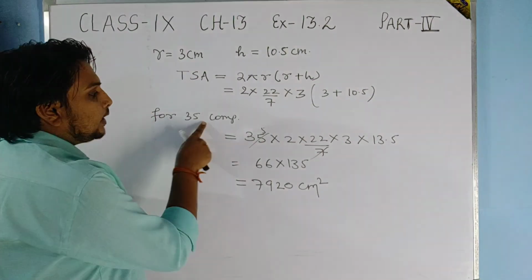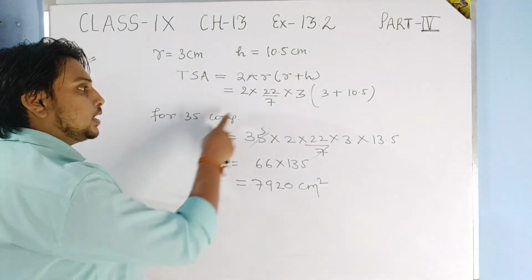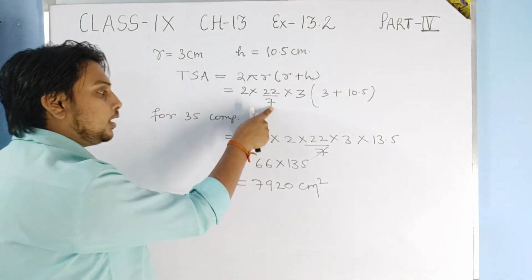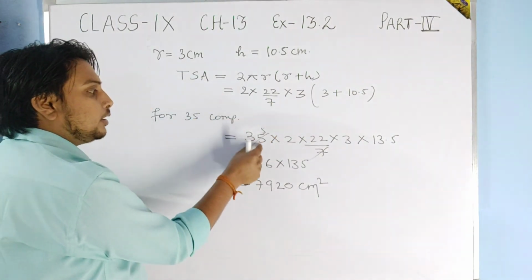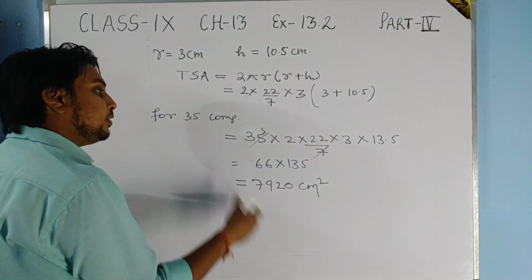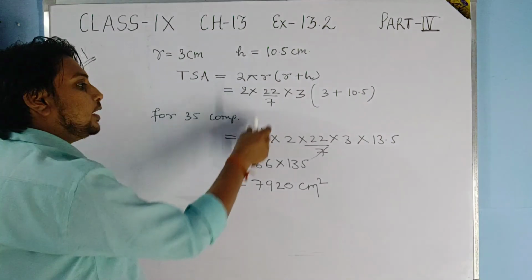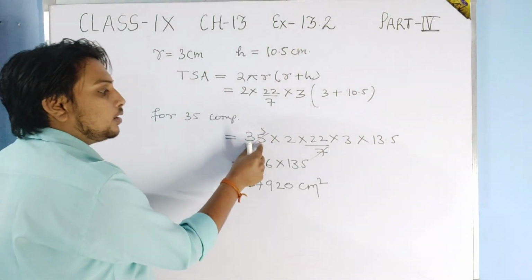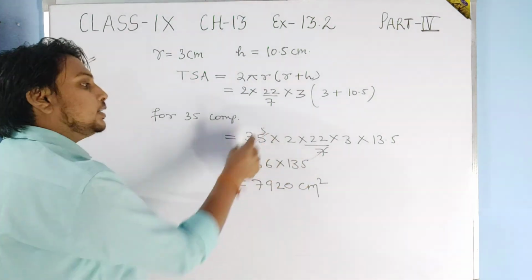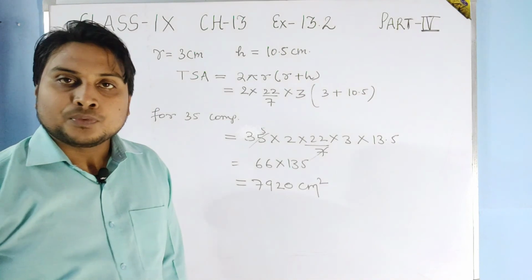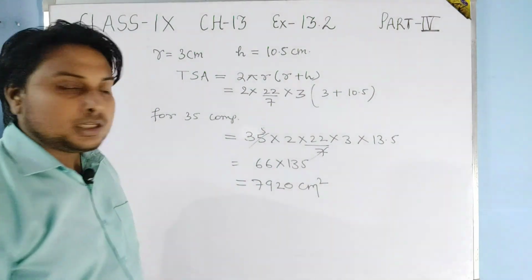Here it was said that there are 35 competitors. I thought that if 7 is in the denominator, and if we multiply it by 35, because in the further calculation we have to multiply it by 35, so I have done it here only. Okay, when we multiply it by 35, then this 7 will cancel this 35. So in the denominator no number is there. So the calculation is now easy.